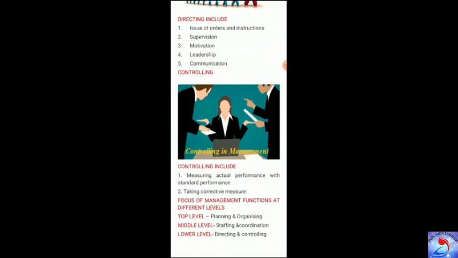How will you measure whether you are under control? Performance can be compared with your actual plan or standard performance. When you compare your performance with the standard performance, if you find any deviation, you need to find out the reason for the deviation and take an immediate corrective measure.